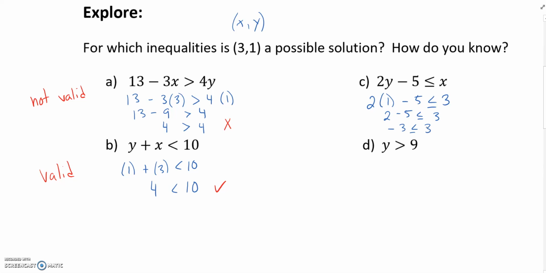And negative 3 is less than or equal to 3. It's a valid solution. And then our last one here is 1 greater than 9. No, it is not. So that's not valid.